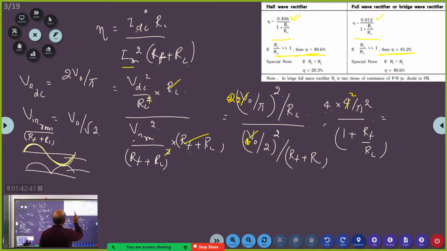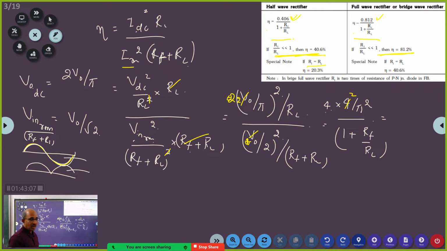So this is one. Now see here, we are writing if RF by RL is very, very less than 1. Okay? Now be careful here. If RF is equal to RL, you know the maximum power transfer theorem. I hope you have learned about it. When you have a source, and the output resistance is equal to the source resistance, then maximum power is transferred.